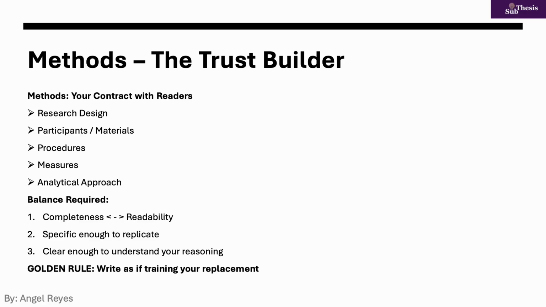A colleague once told me, write your methods as if you're training your replacement. That means being specific enough that someone could replicate your study, but clear enough that they understand your reasoning. Remember, in the age of reproducibility crises, a robust method section isn't just good practice, it's an ethical imperative.